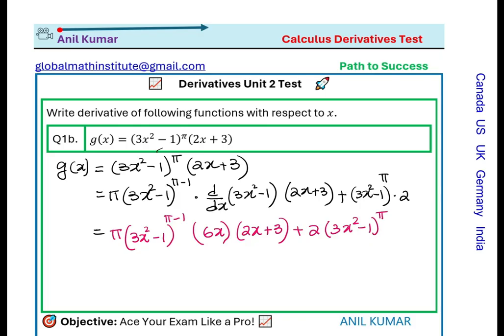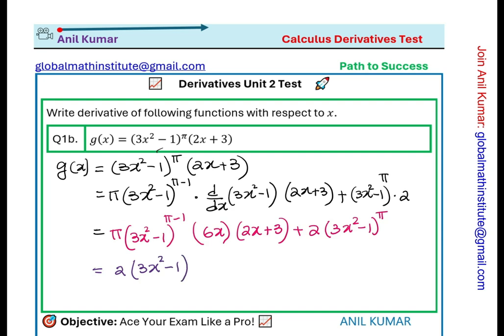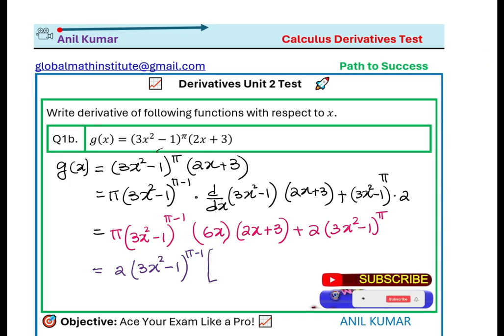Now, at least you can factor out a few terms, right? So 2 times 3x squared minus 1 to the power of pi minus 1 can be factored out. So I'm changing the ink and writing this step, which is 2, and we have 3x squared minus 1 to the power of pi minus 1. You get the whole idea. We'll factor this out. So since we factored this out on the first term, we have 6 divided by 2 is 3.